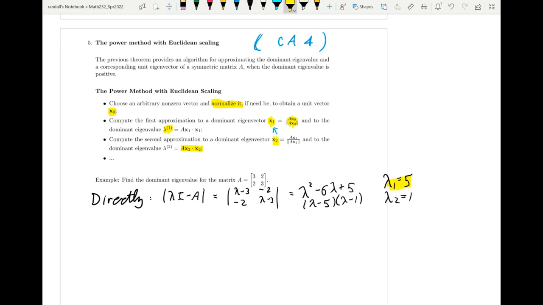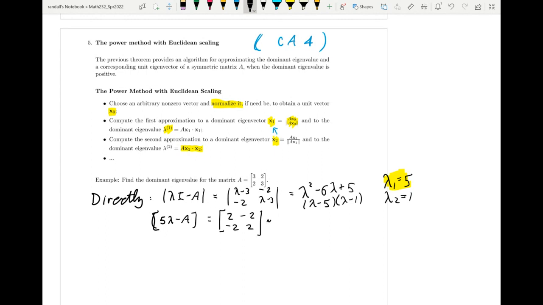So this matrix does have a dominant eigenvalue. And then further, we can determine a dominant eigenvector. So let's do that here. When lambda 1 is 5, I'll get 5I minus A. I'm going to row reduce this matrix to find the eigenvector associated with that eigenvalue.